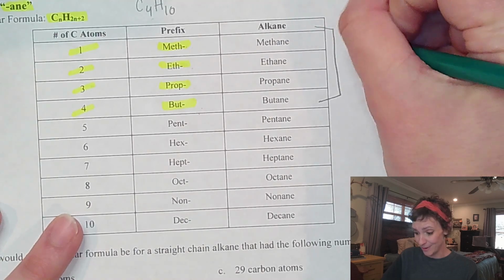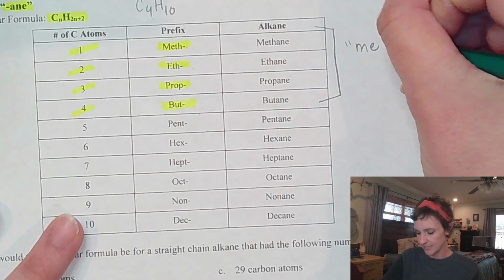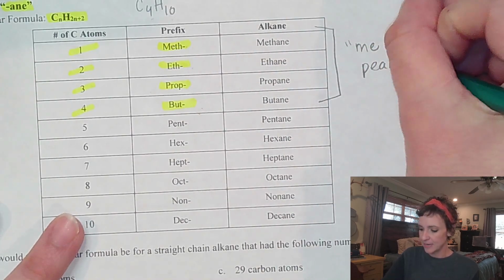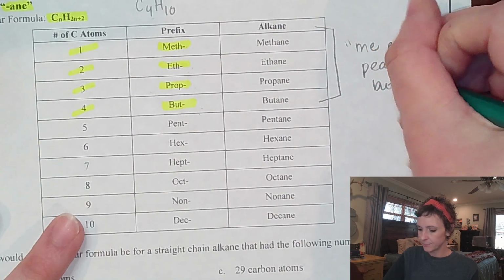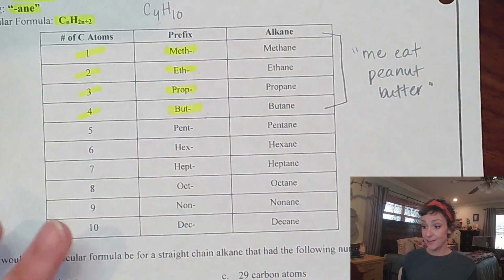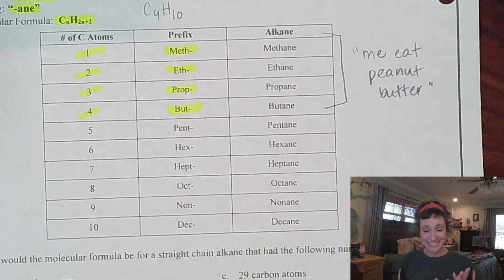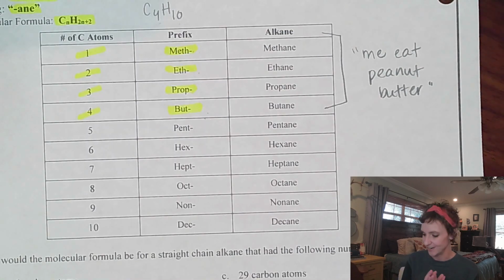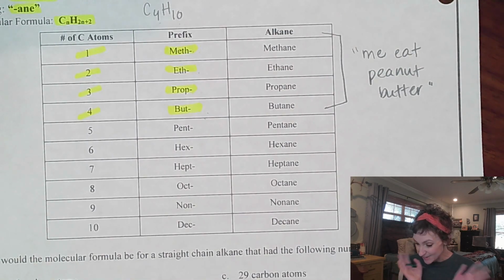And I have remembered this for a long time. So, me eat peanut butter. That gets me through the first 4 prefixes, and then after I cruise through those first 4, pent, hexa, hepta, all of those are just the same as what we're used to. Very exciting. Okay, so me eat peanut butter.